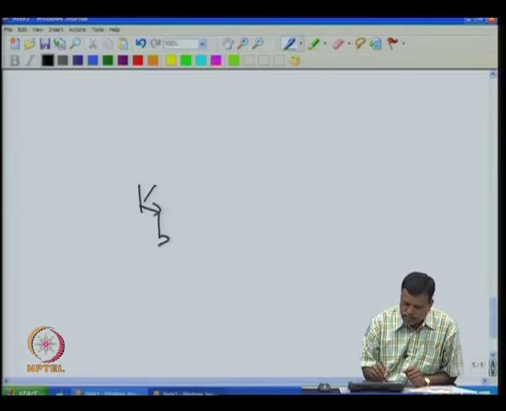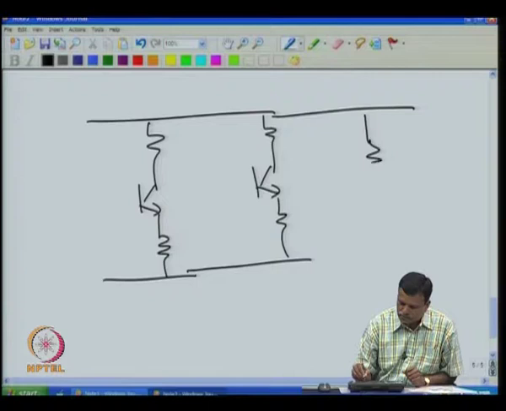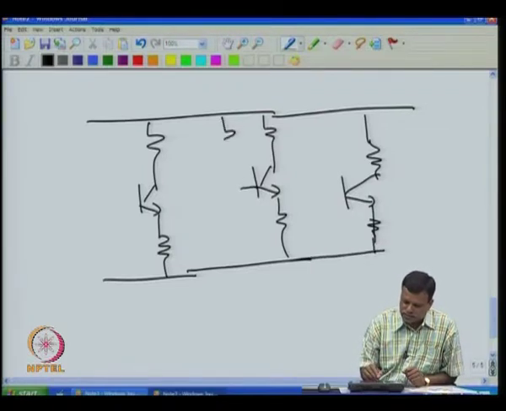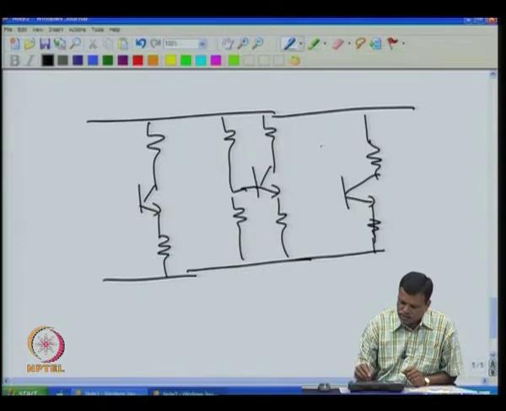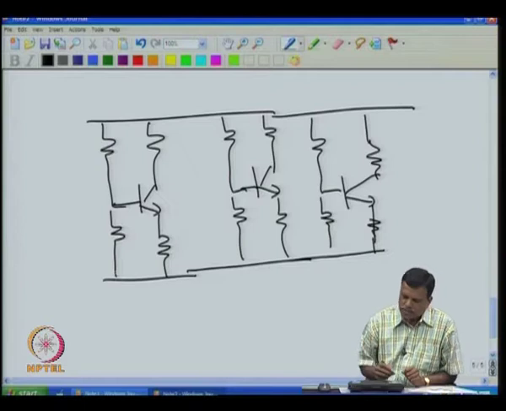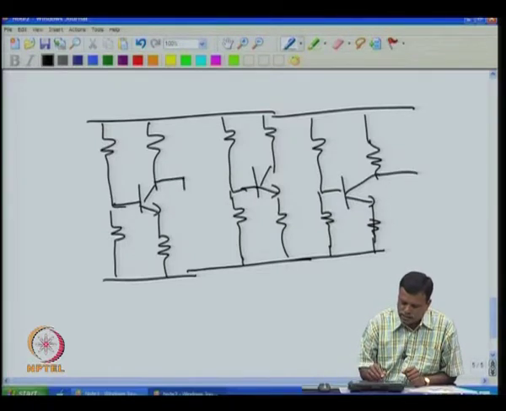You have one, then the second one, then he put one more. He was trying to apply a DC voltage and get the output here, and these were all directly coupled.